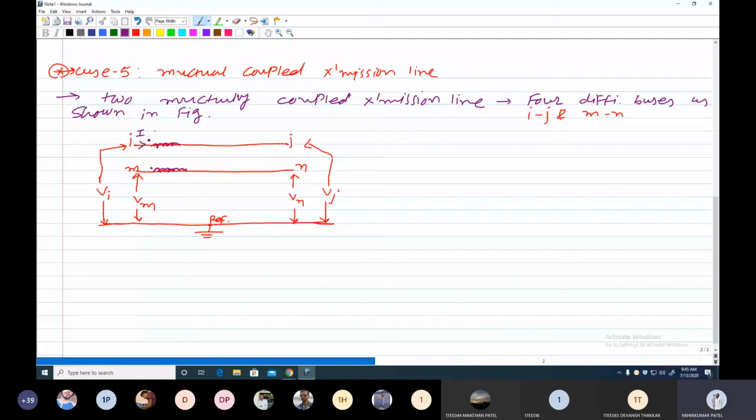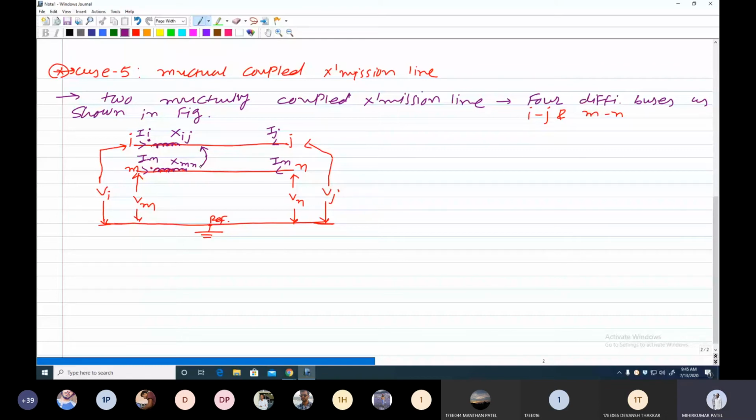Current flowing through the ith bus is Ii, the jth bus is Ij, and in the same way Im and In. Thus, the series reactance for the line IJ is Xij. In the same way, for this transmission line it is Xmn. And the mutual reactance between these transmission lines is Xm.